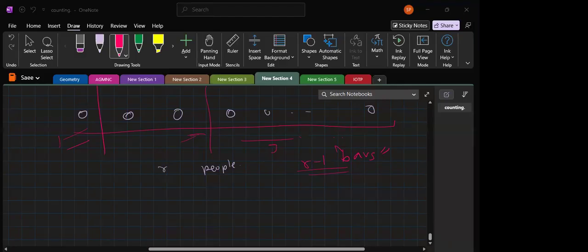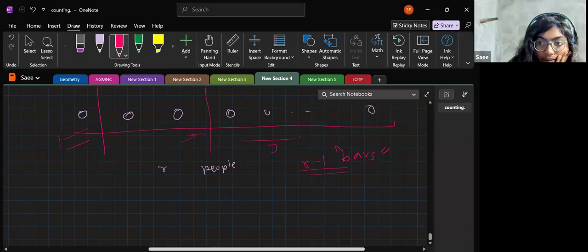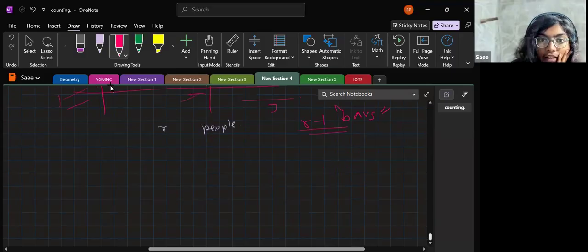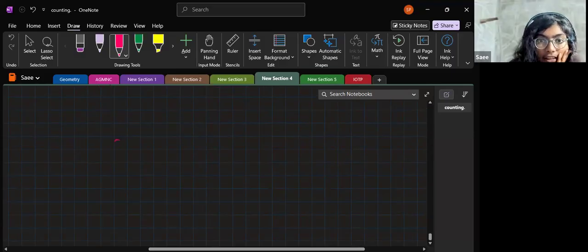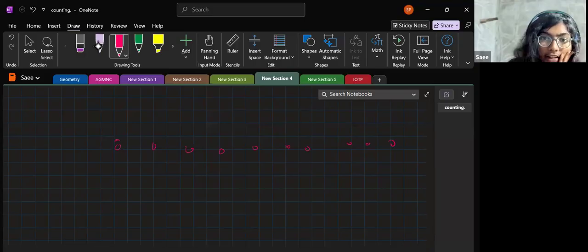So how many choices do we have to choose from to put where the bars go? R plus 1. R plus 1? How? Let's say we have 10 chocolates: 1, 2, 3, 4, 5, 6, 7, 8, 9, 10. Where are all the places that you can place a bar?